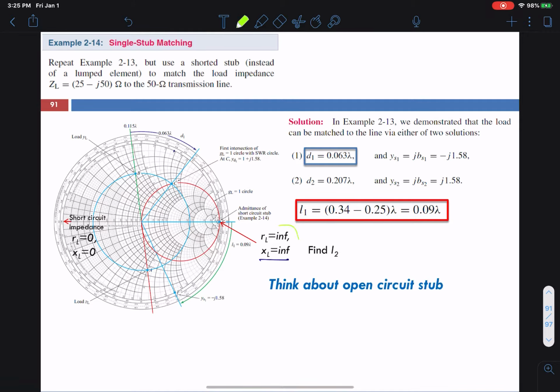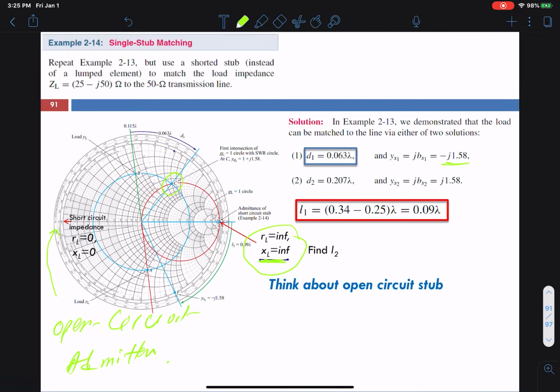This side is open circuit admittance, and this is open circuit impedance on this side over here. It's the open circuit admittance on this side, right? Okay.